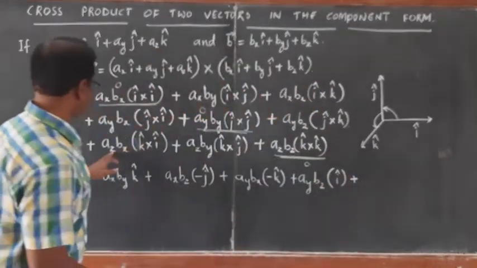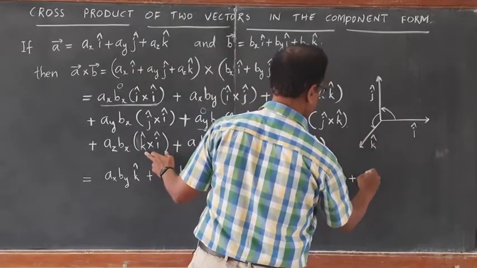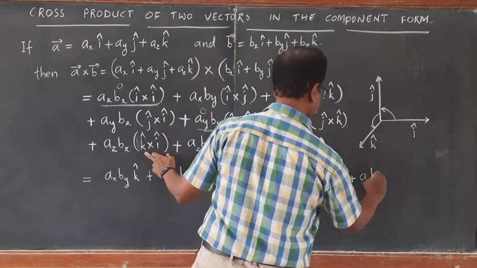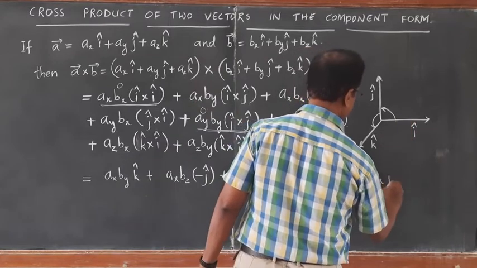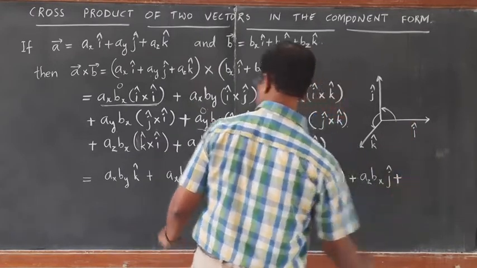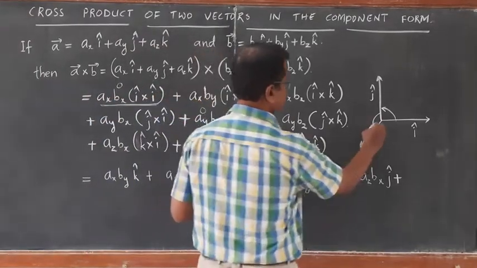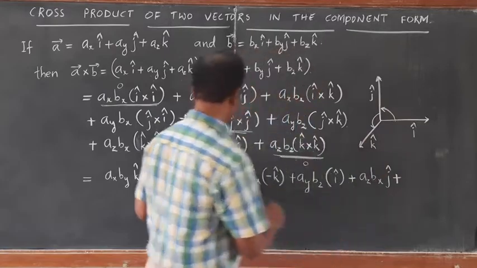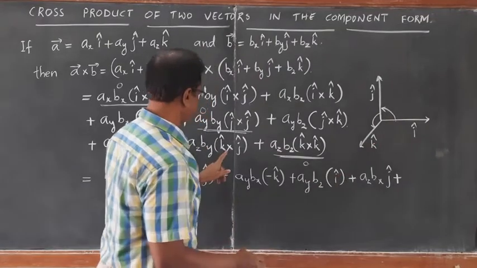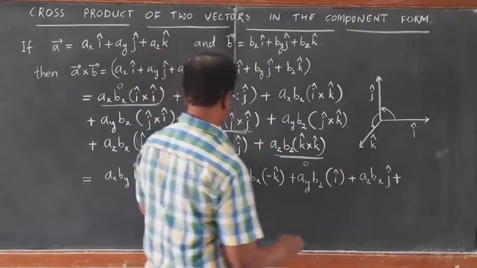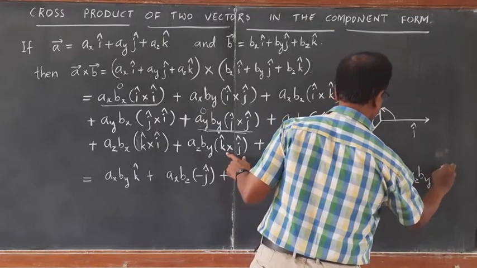Plus az bx, k cross i. k cross i gives you positive j. Plus az by, k cross j. k cross j gives you negative i, because k cross j means in the clockwise sense. If you go in the reverse order, you will get negative i. So az by minus i cap.